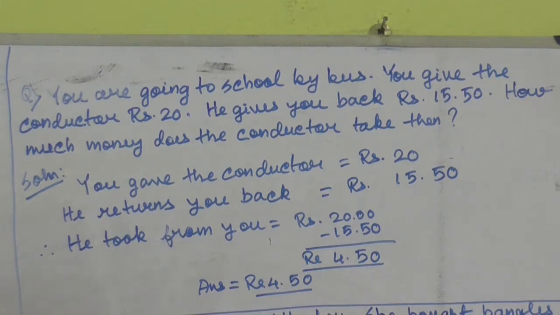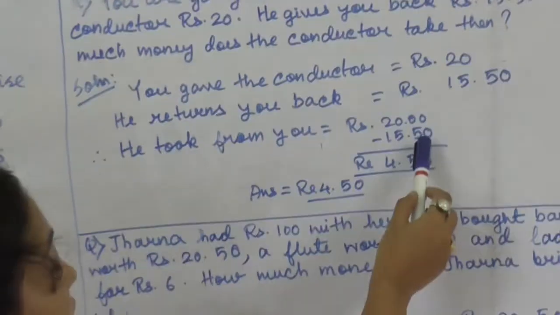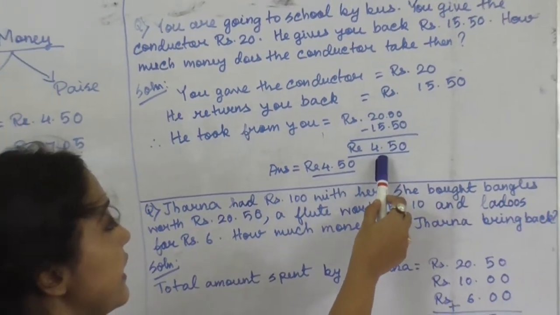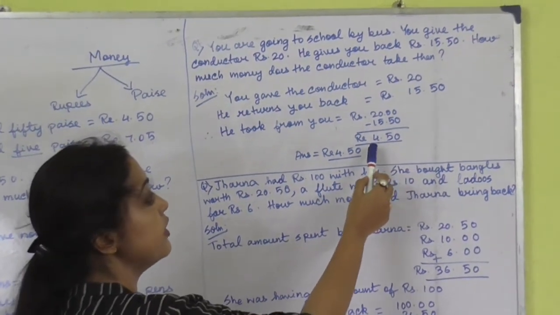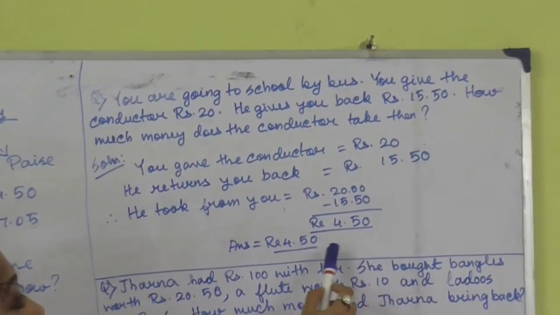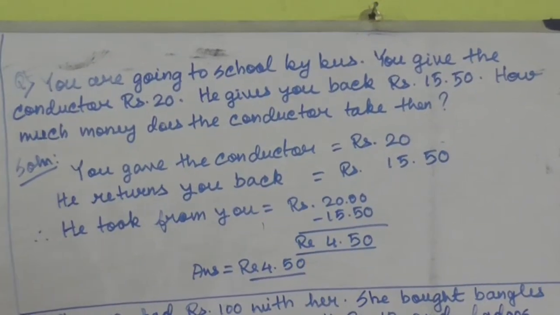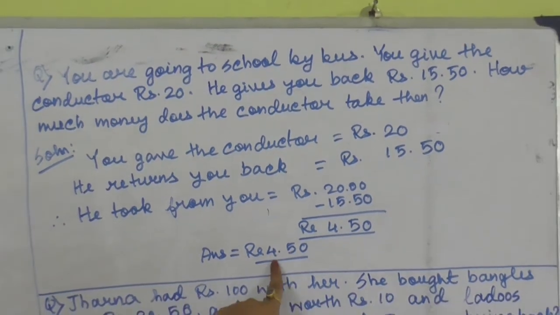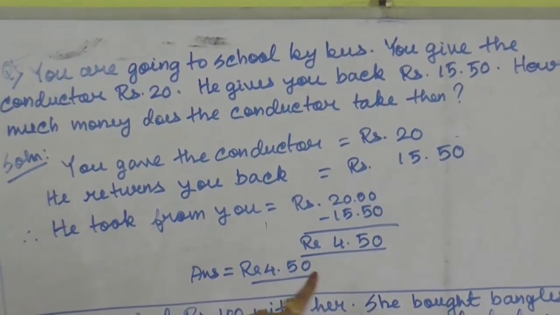You simply have to subtract this 15.50 from rupees 20. By subtracting 15.50 from rupees 20, we are getting 4.50, that is rupees 4.50, as our answer. So the conductor took rupees 4.50 from you.